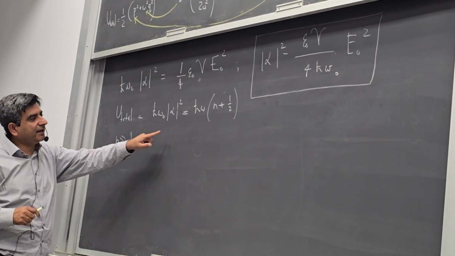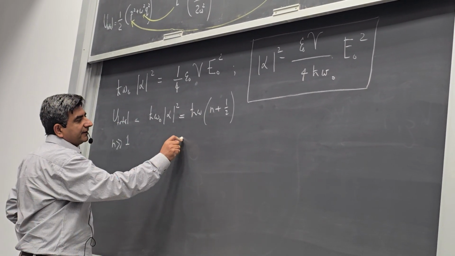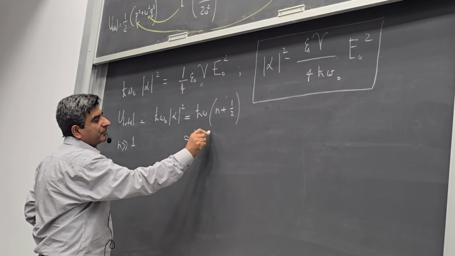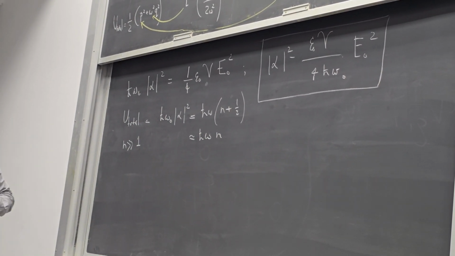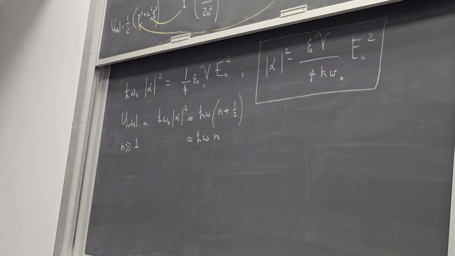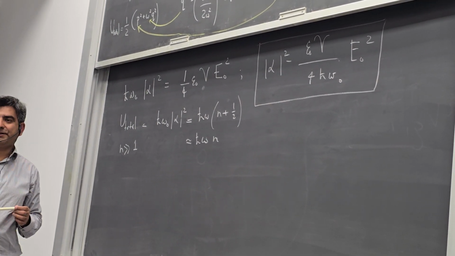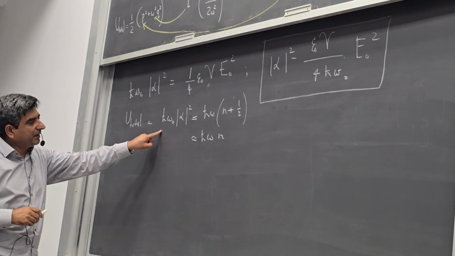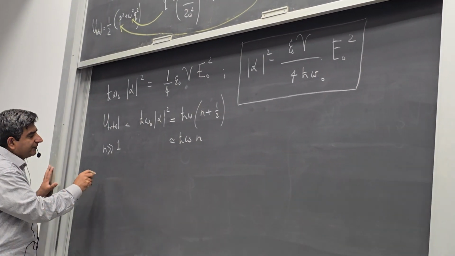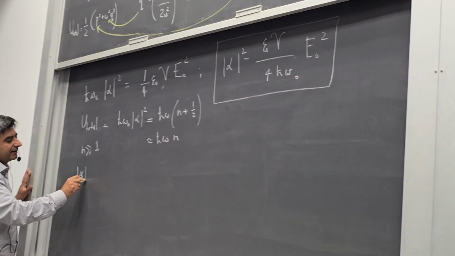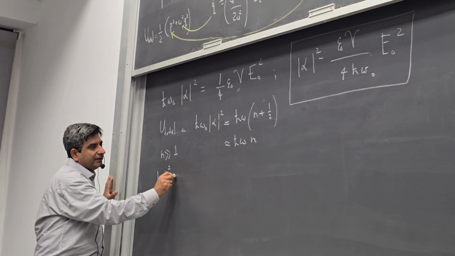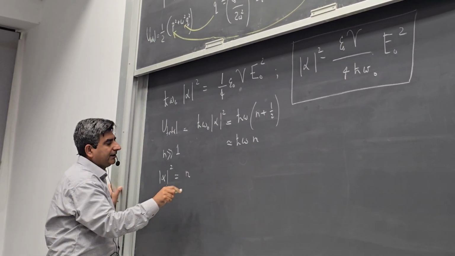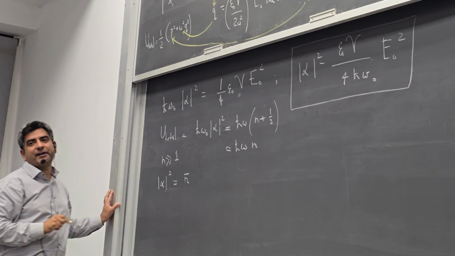So if we take n large, then this is approximately h bar omega n, where n is the number of photons inside the electromagnetic field. Now, if we have a coherent state, comparing these expressions yields the really nice result that the length squared of a coherent state on phase space equals the average number of photons inside the coherent state.